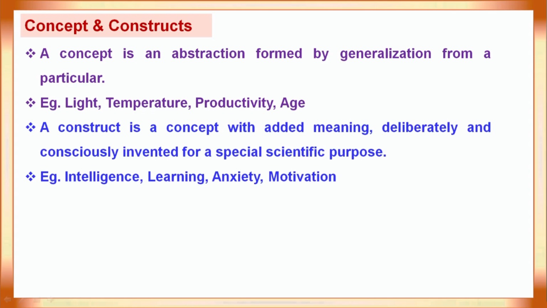But these are the main things we deal with in the social or behavioral sciences. So, these types of concepts which are not visible, directly measurable or observable, we call constructs. Similarly to concepts, constructs are man-made terms with added meaning, deliberately and consciously invented for a special scientific purpose.